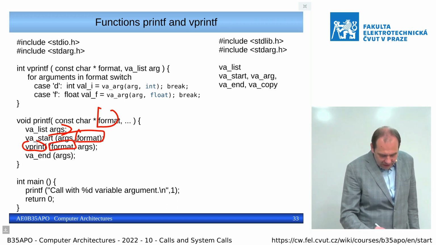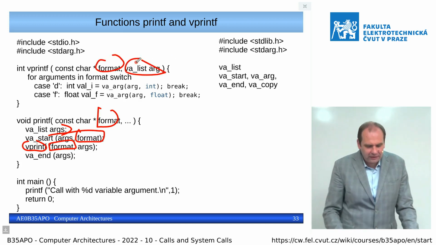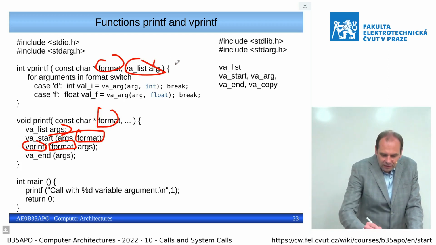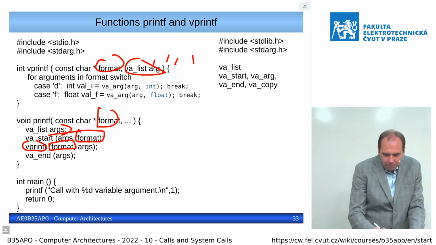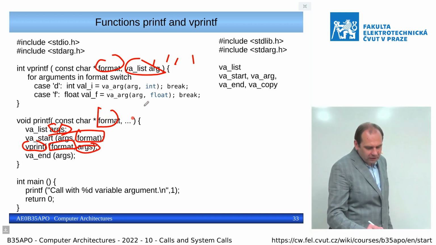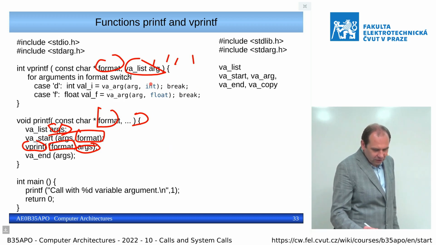You provide the format again, but in this case you do not pass arguments directly on the stack, but you pass this pointer, or in fact it is not a pointer, it is a structure which allows access to the variable arguments of this function. And then vprintf processes the arguments, prints what is necessary, and so on.